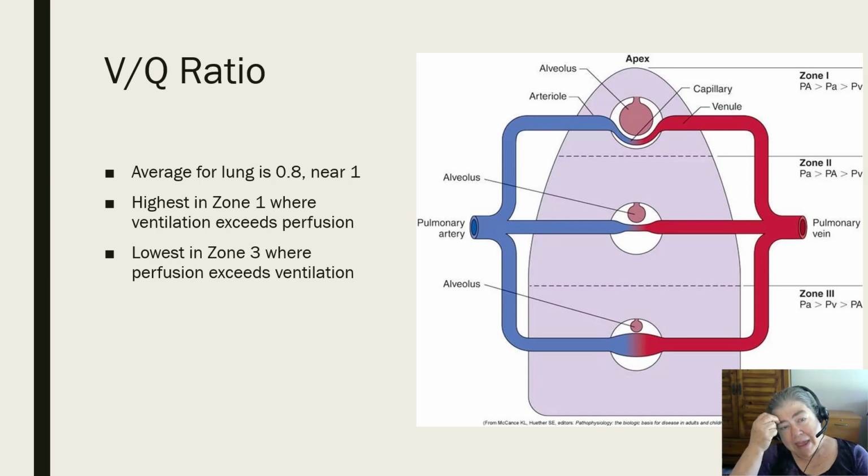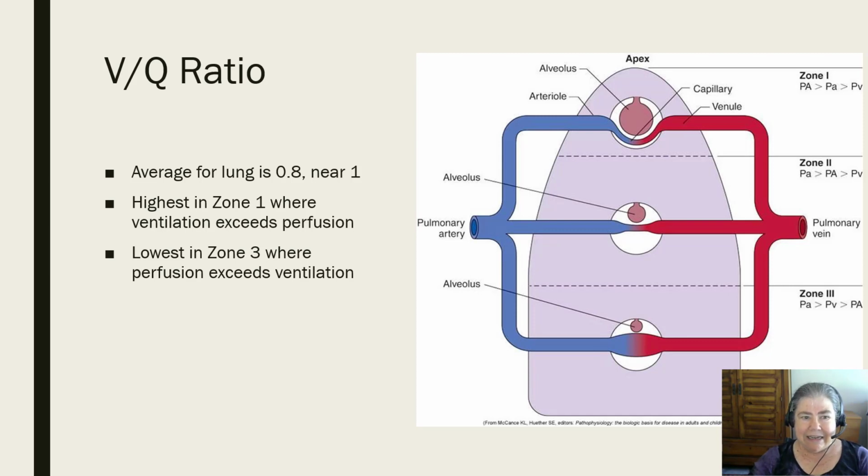And so, coming back to that concept that we called the VQ ratio, V being ventilation, Q being blood flow. As I said earlier, it's close to 1. In fact, it ends up being more like 0.8, but that's close enough to 1, where the amount of blood flowing through the lungs in a minute is very similar to the amount of air flowing through the lungs in a minute.